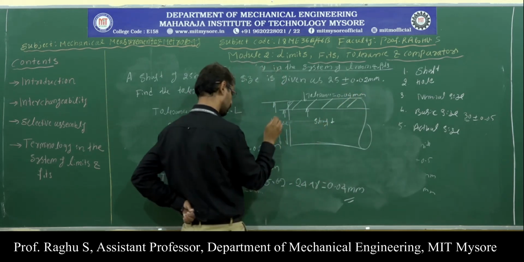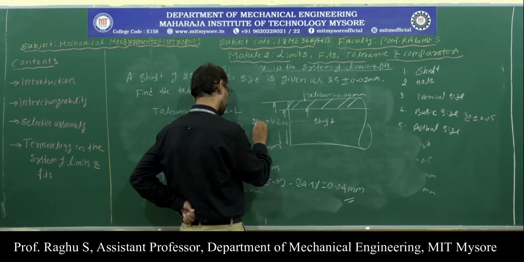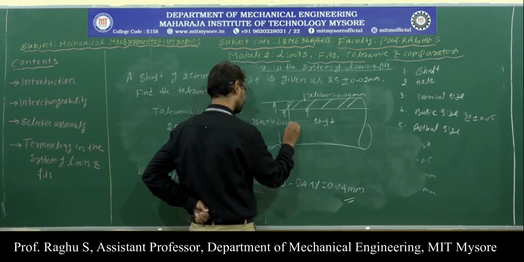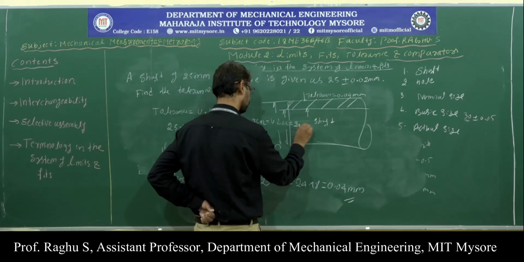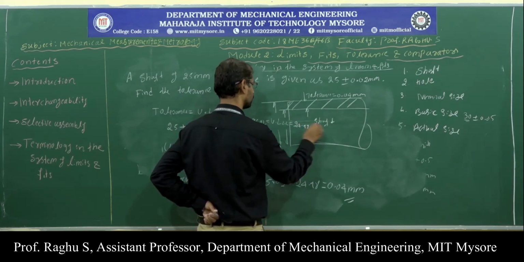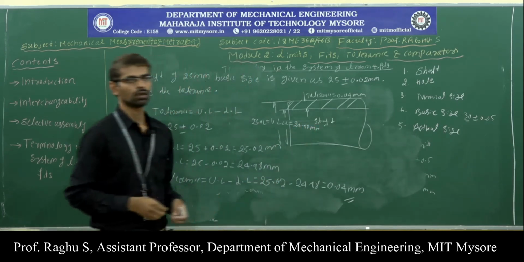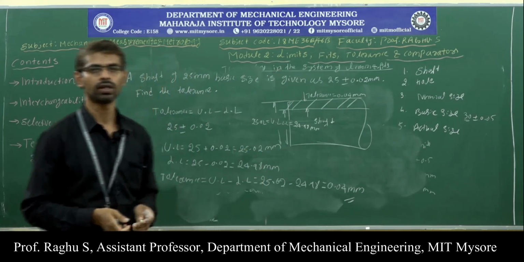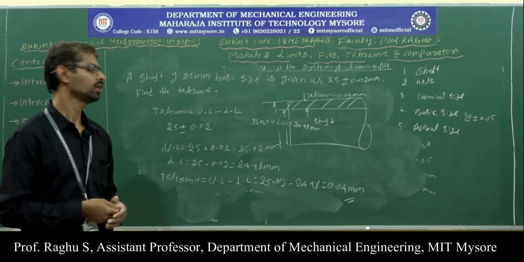The upper limit of shaft is equal to 25.02, and the lower limit of shaft is equal to 24.98 mm. So this is all about the introduction of limits, fits and tolerance.